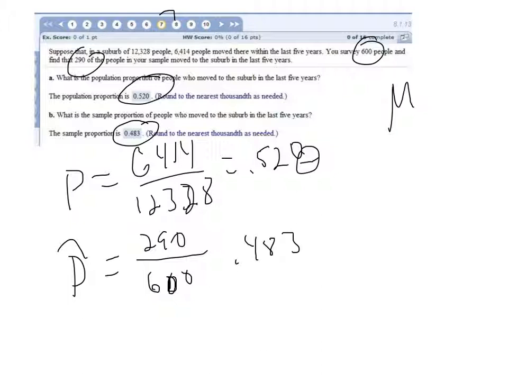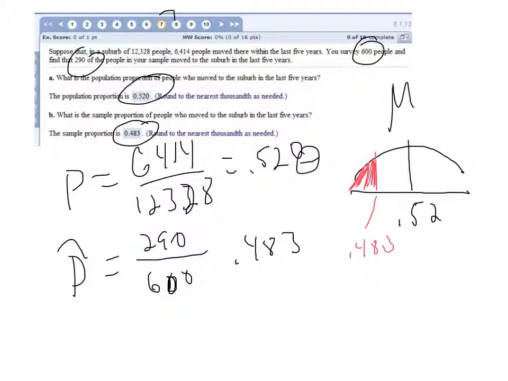So how likely is it? I guess in question 8 it asks, what's the probability of getting a sample this far away from the middle? Well, we know the middle of this distribution is the 0.52. And the sample result was 0.483. And we want to know what's the probability of that happening if this is really true.